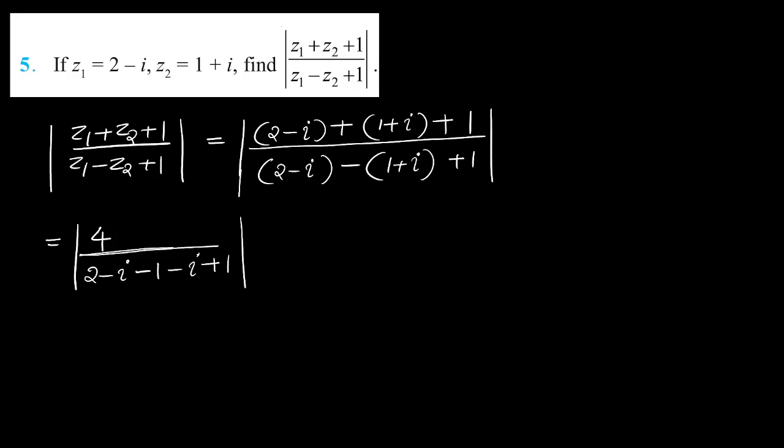So all of you please listen. Modulus of 4 divided by, in the denominator side what happens? Minus 1 plus 1 cancel. 2 is there in the denominator, minus I minus 2i. So in the next step, modulus of 4 divided by 2 minus 2i, 2 taken outside.